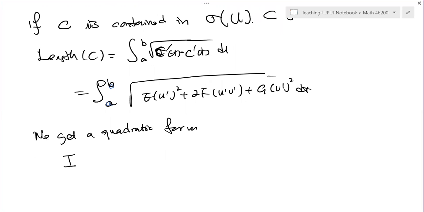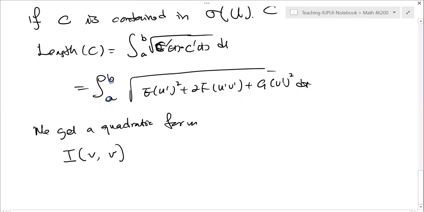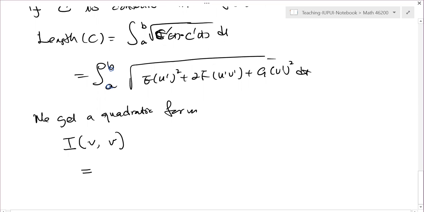So I get a quadratic form, which is going to be in terms of V and V. I can define it in the following way.